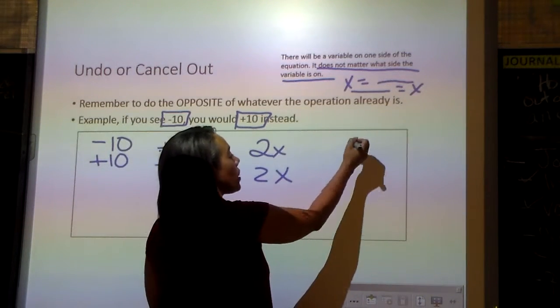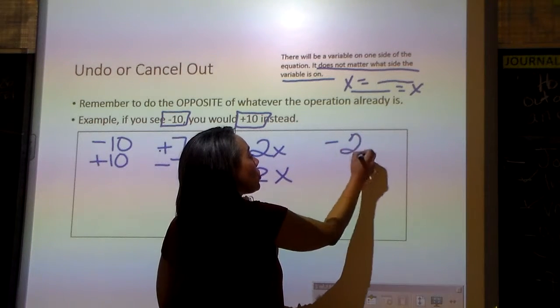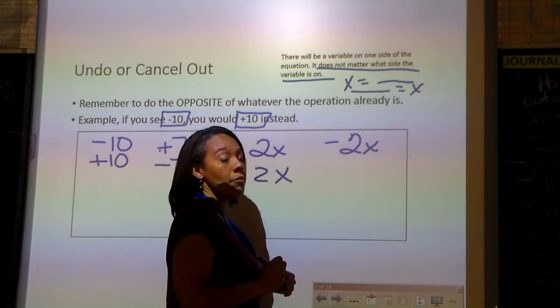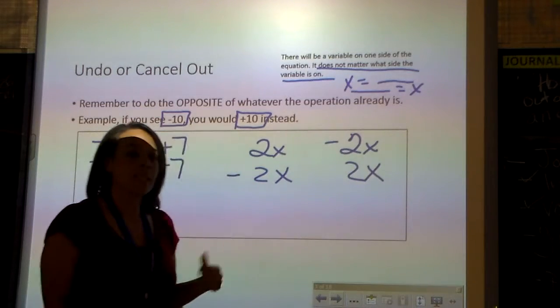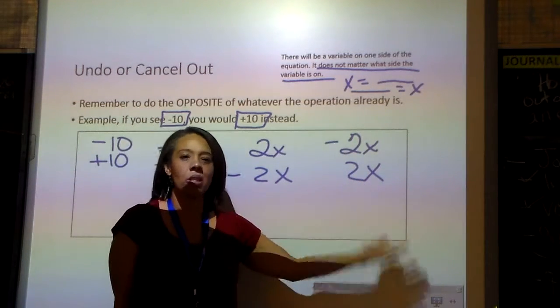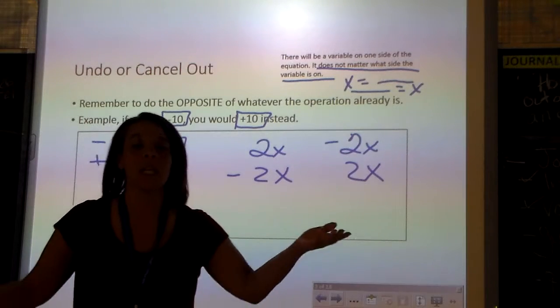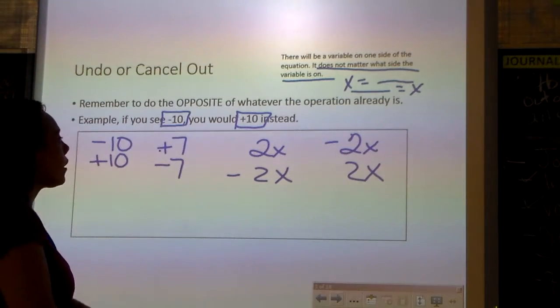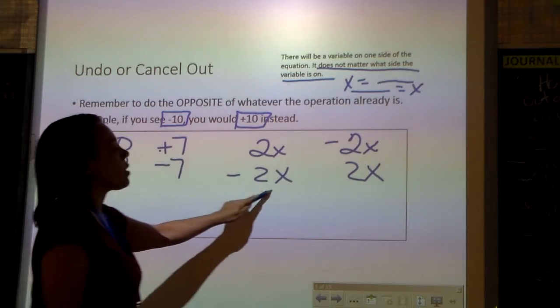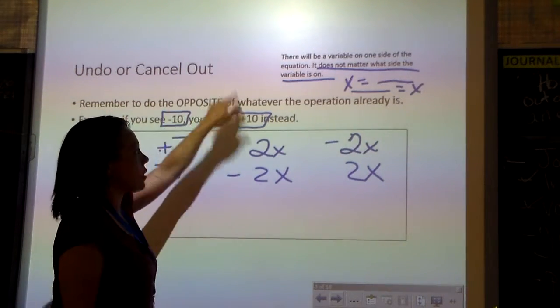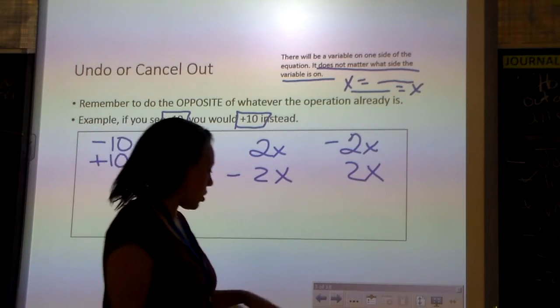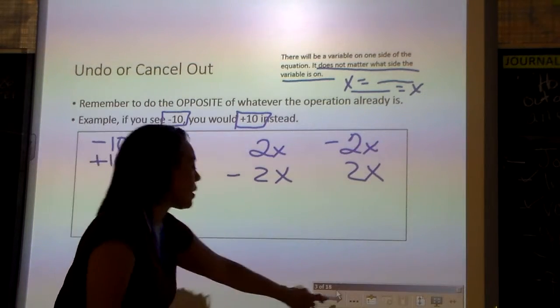So the same with over here, if I had a minus 2x, the opposite of minus 2x is 2x. Notice I didn't say plus 2x, I just said 2x because 2x is already positive in itself. These are a few examples of the opposites. In order to undo or cancel out, we have to remember to do the opposite of what we already see.